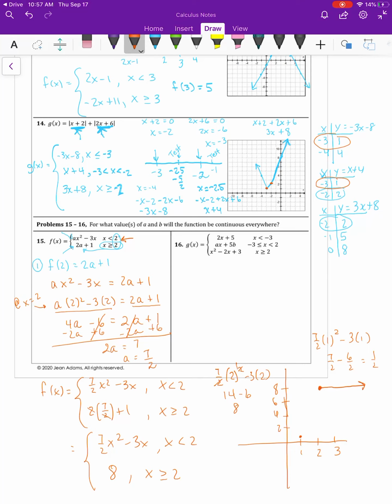And then when I put 0 in, I get 0. And then when I put -1 in, so 7/2 times -1 squared minus 3 times -1, I get 7/2 plus 6/2, which is 13/2, which is almost 7.